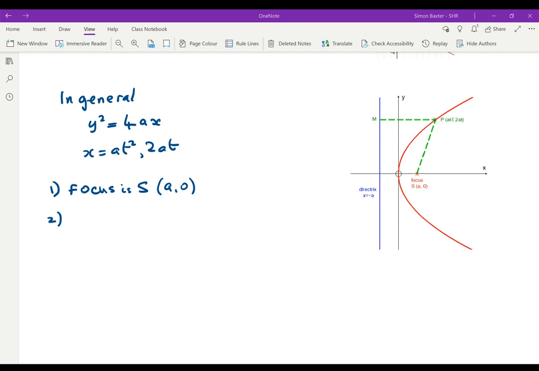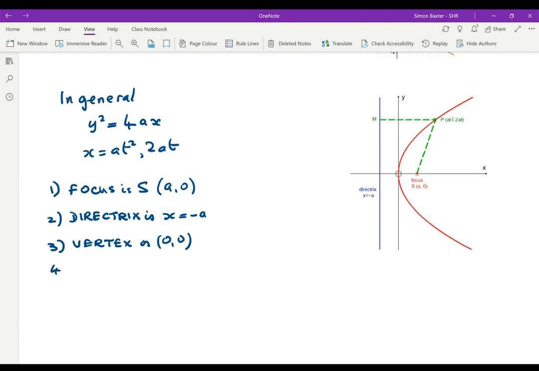Just have to get used to the words. The directrix is the blue line, x equals minus a. Something a little bit more familiar to you, the vertex of the parabola is the point (0, 0).